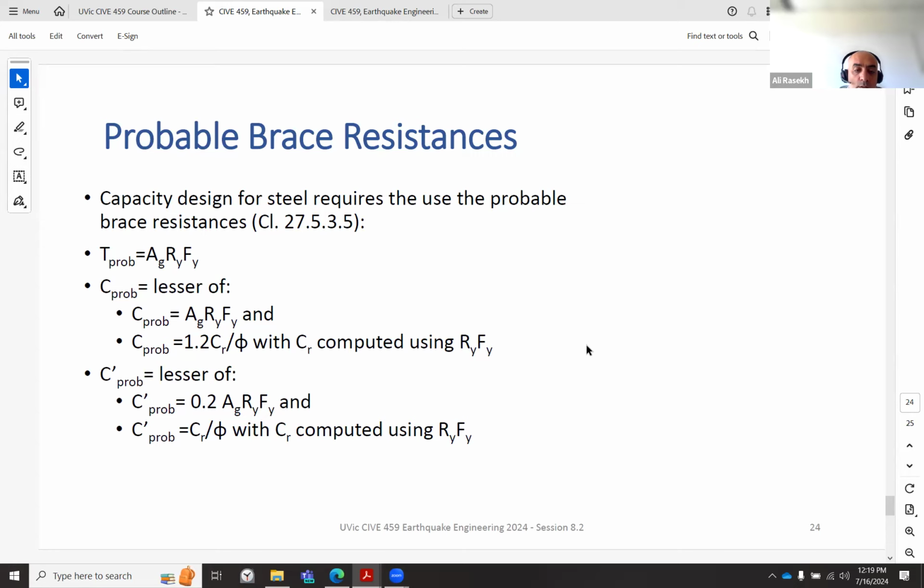However, similar to other cases in capacity protection, we don't use the phi factor and we increase the steel yielding capacity. And the post-buckling capacity is limited to 20% of tension capacity, but doesn't need to be greater than this value, again not using phi to calculate the compressive capacity of the members.